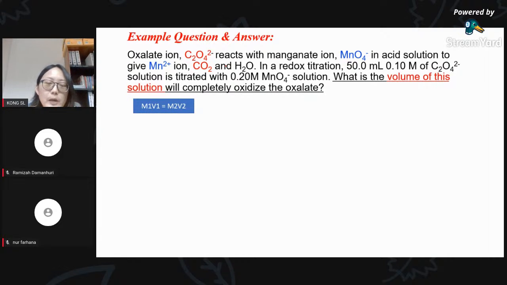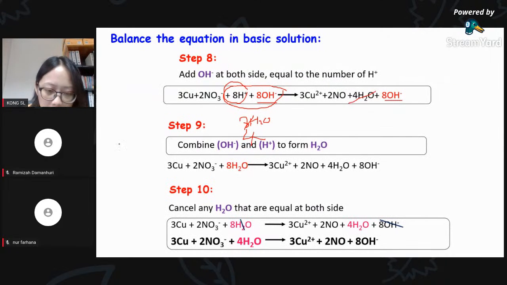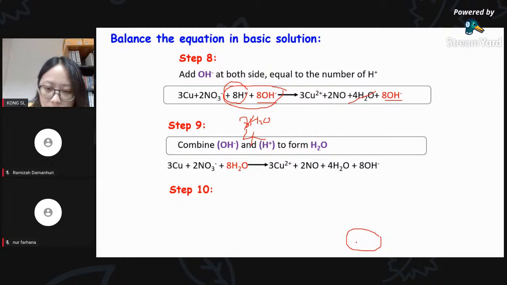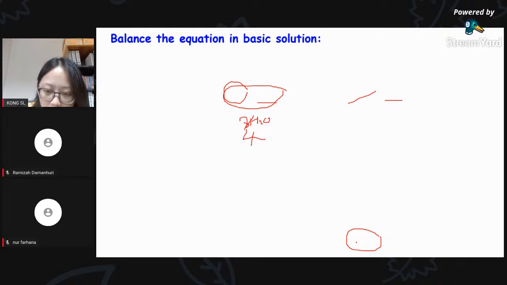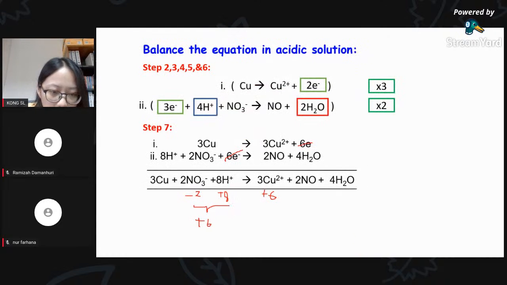If asked about basic medium, you could proceed to the hydroxide step. Seldom does a question ask you to identify if it is acidic or basic. But if it does, it's quite simple. You just look at the final equation. If final is hydroxide, it means basic medium. If the final equation has H plus, this is the acidic medium.